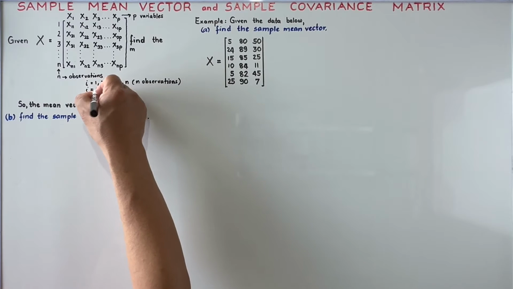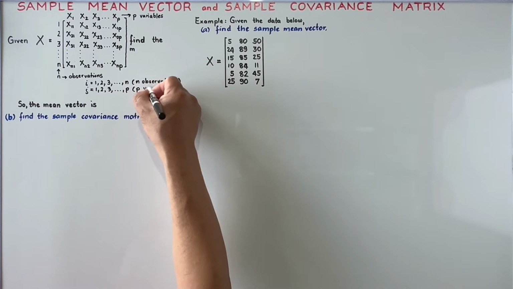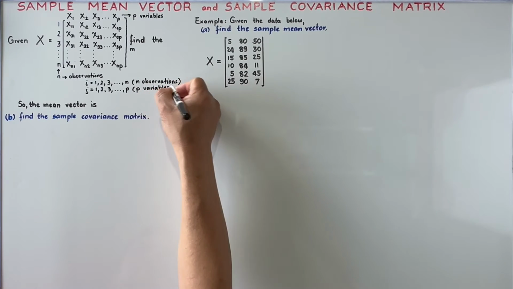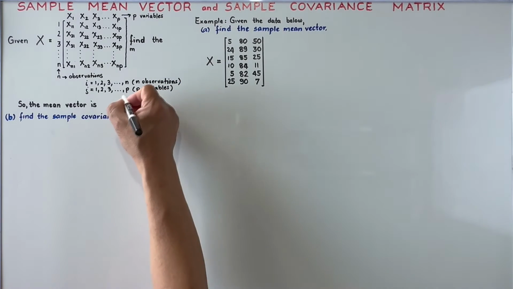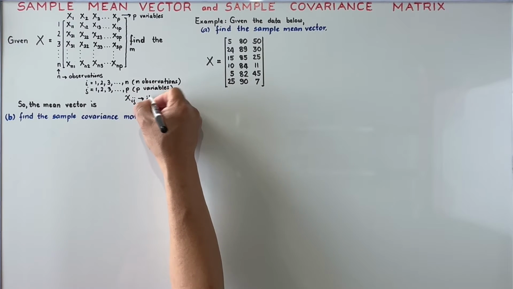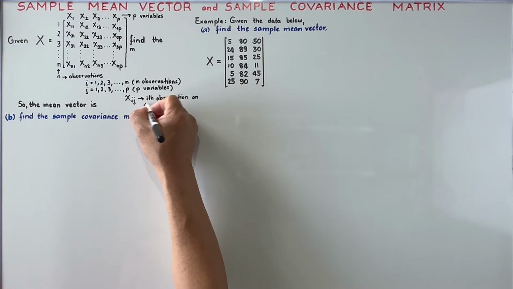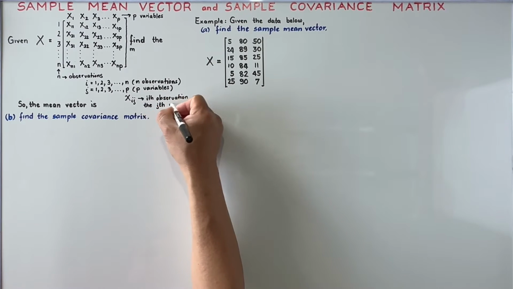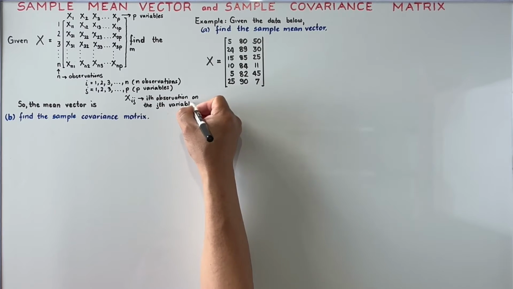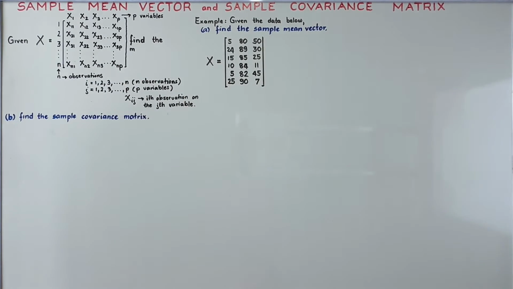And your j is from 1 to p, because there are p variables here. So when you speak of a data point x sub ij, it means that this is the ith observation on the jth variable. Now let's apply this concept in a real example here.